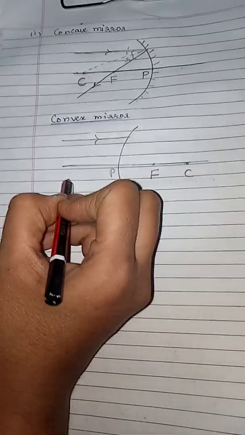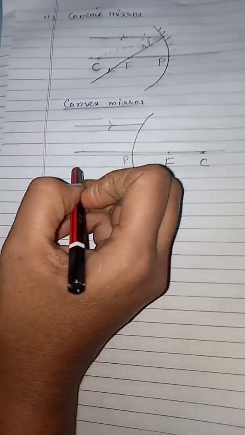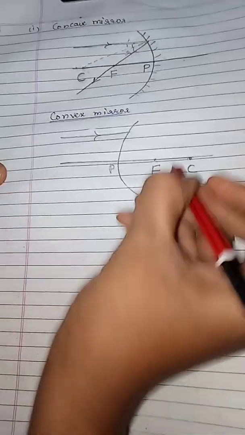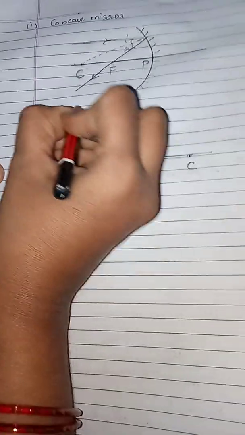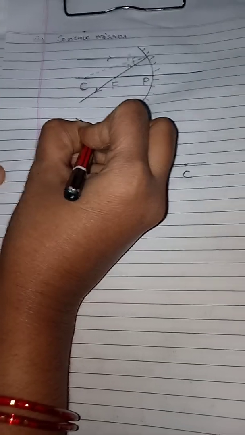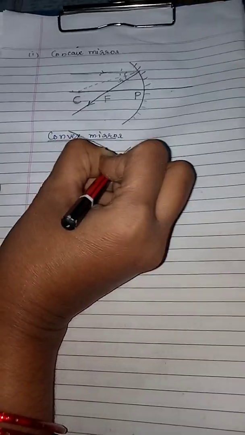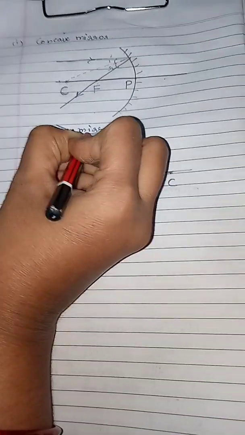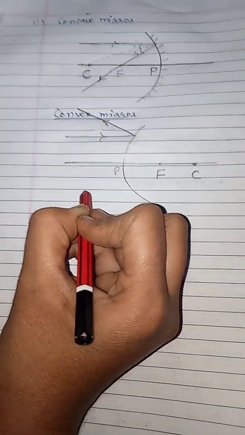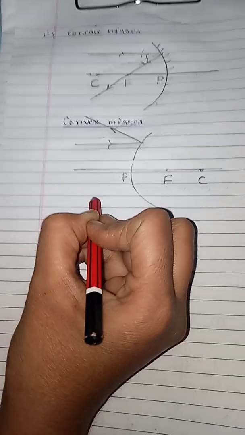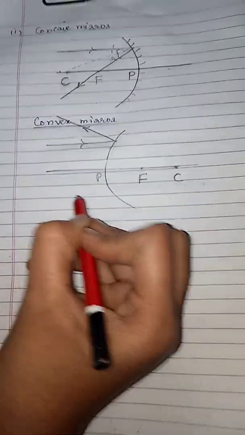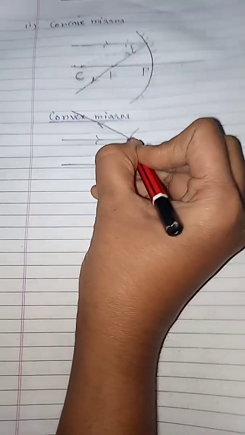Now here the incident ray will get reflected, children. See, it will appear to diverge from the principal focus. This is the reflected ray. Now it will appear that it is reflected from the focus, children, if we extend this.